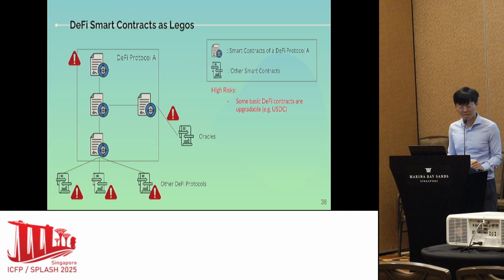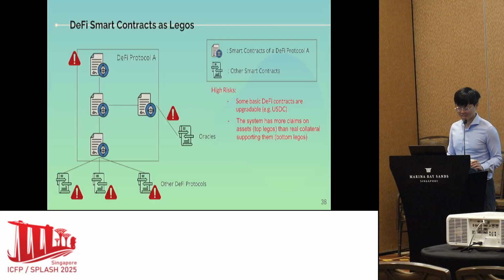The first one is that some very basic DeFi smart contracts are upgradable. For example, the most popular stablecoin contract, USDC, is upgradable, which means if one day it got hacked, all the other smart contracts using stablecoins could collapse.